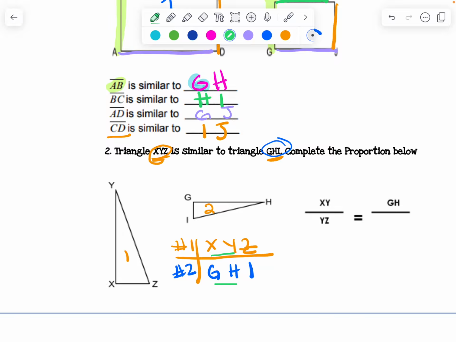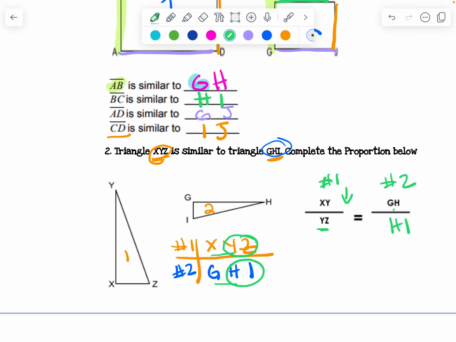Okay, so it looks like figure 1 is this one and it's going down. And this is what it matches with figure 2. So XY corresponds with GH. Okay, that works. Then figure 1 has YZ. So it has YZ and it goes with HI on figure 2.